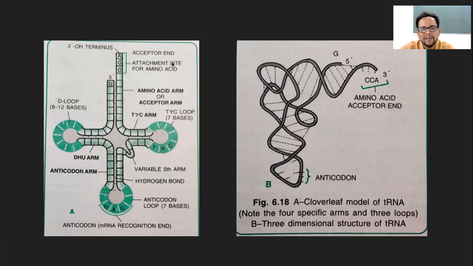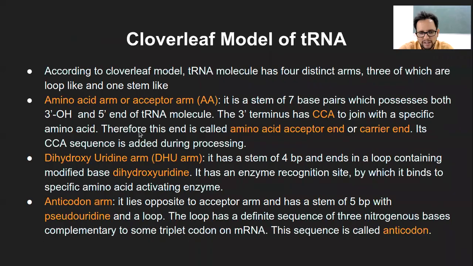Similarly, the same tRNA will be carrying the enzyme binding site for this particular amino acid to another one. So it is usually the CONH bond, what we call the peptide bond or amide bond. So that way, this amino acid will be binding to the enzyme which will be recognized by this particular DHU arm loop.